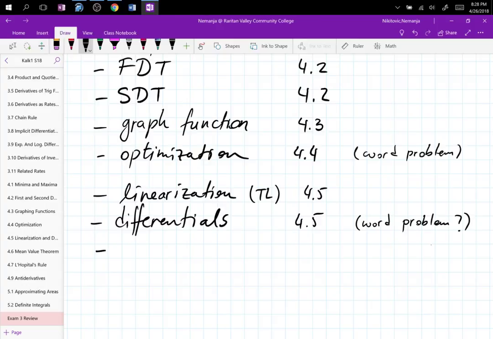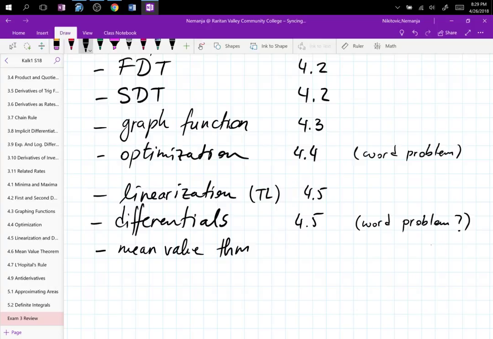Mean value theorem. Now, this particular mean value theorem could be state mean value theorem as a definition, right, with the formula. So if the function is continuous and the function is differentiable, then there exists at least one c in the interval a, b such that f prime of c equals f of b minus f of a over b minus a.